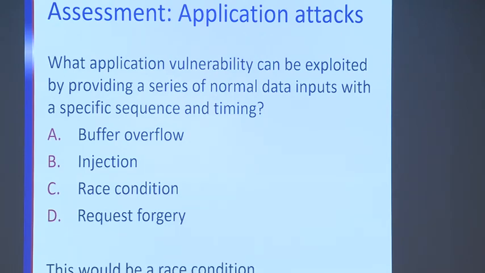Usually this is how it happens: you've got data coming down to your CPU. The data's been checked. The CPU is waiting for the next cycle to begin. So we have something called the time of check versus time of use. And there's a little bit of time in there where we can exploit that moment to alter the data before it's being used again. So that would be a race condition.